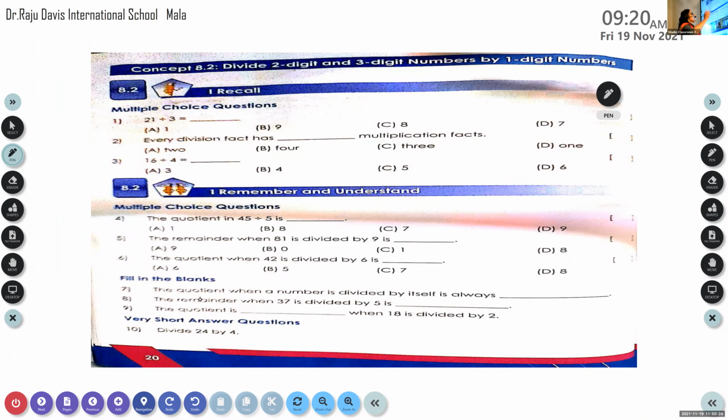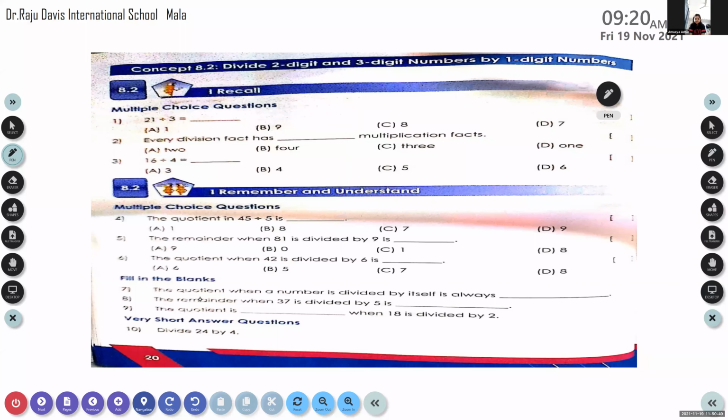The quotient in 45 divided by 5 is. What is quotient? Let me see whether you remember what is quotient. Answer of division. The answer of division is quotient. What is dividend? The first number that is to be divided. Yes.